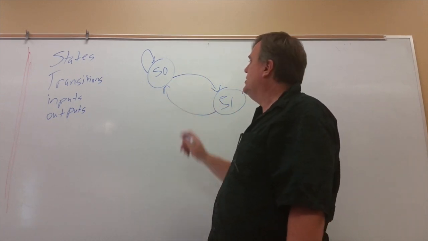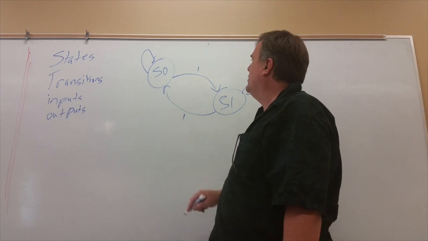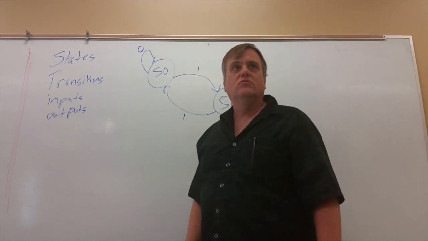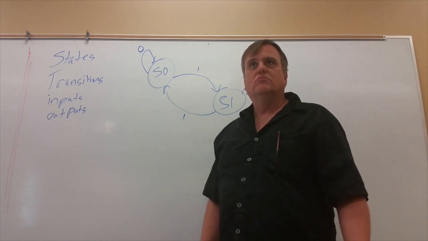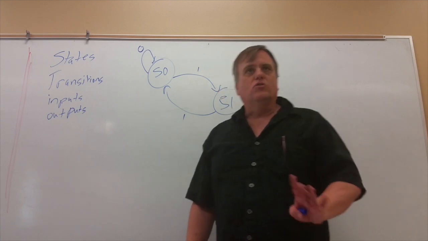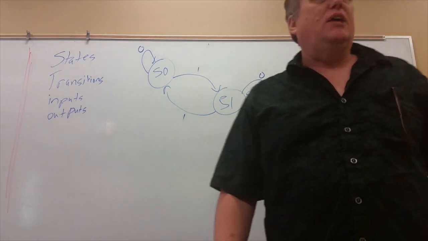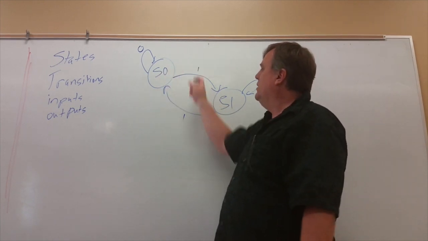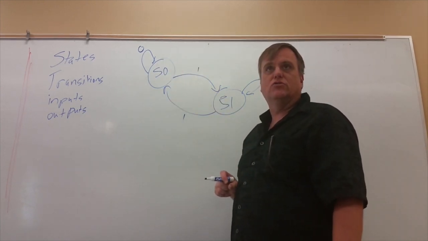So I can say, for instance, if my input is a 1, I want it to flip. If it's a 0, I want it to stay. Right? So all finite state machines will have this basic construct in common. State name, inputs on the transitions.